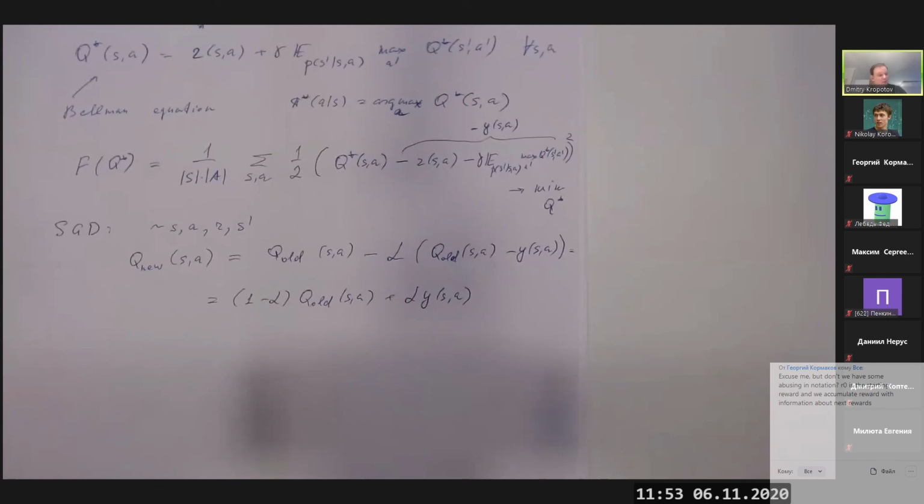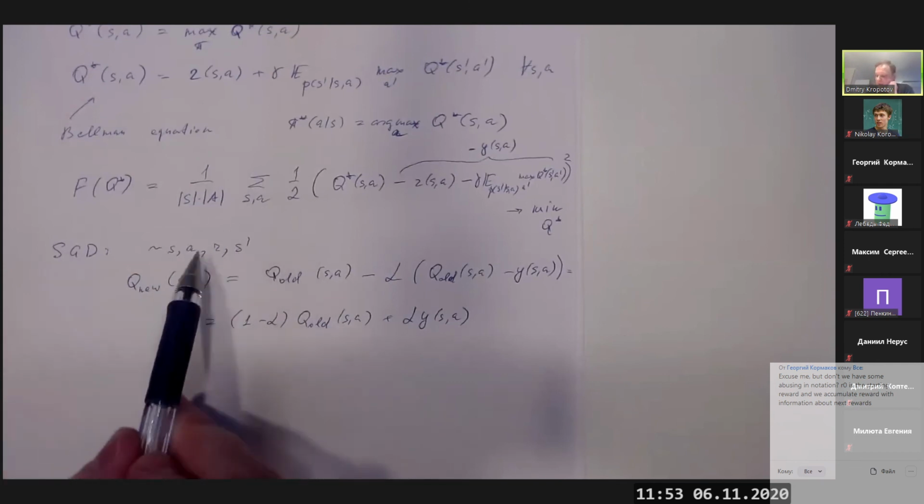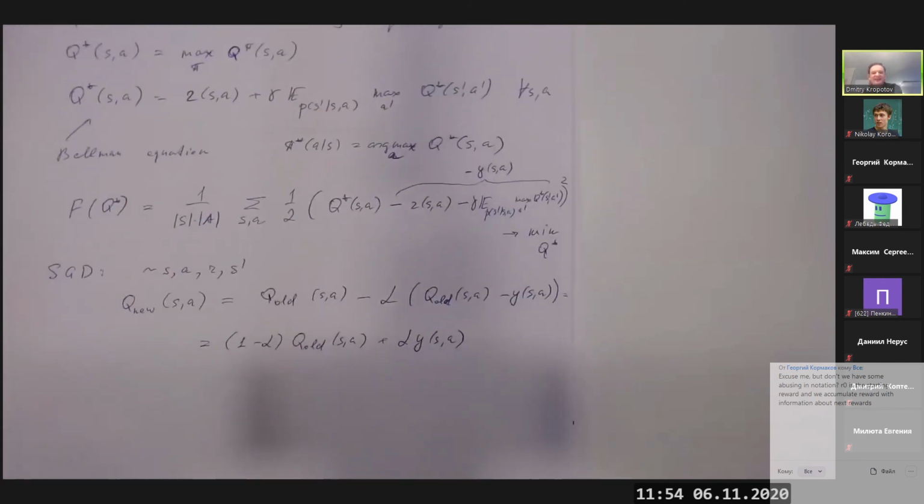Okay. And one more thing that we now should say about this sampling procedure. I said that in order for these algorithms to be convergent, we should organize the sampling procedure in a proper way.